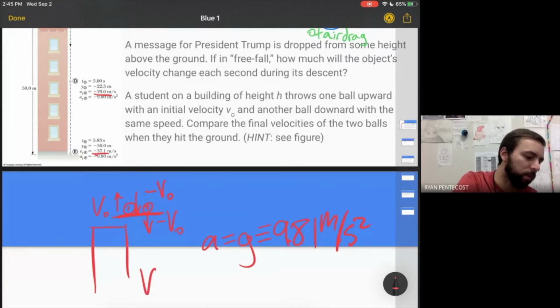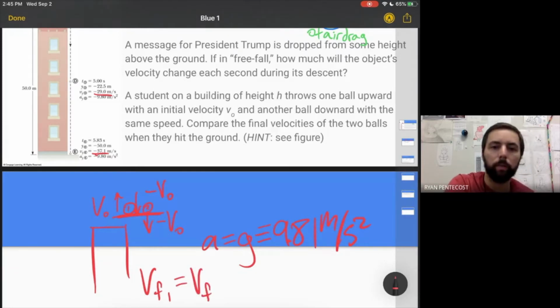So v final of ball 1 will be the same as v final 2, because they are leaving this spot traveling downward with the same velocity, negative v naught. So then they will arrive with the same final velocity as well.